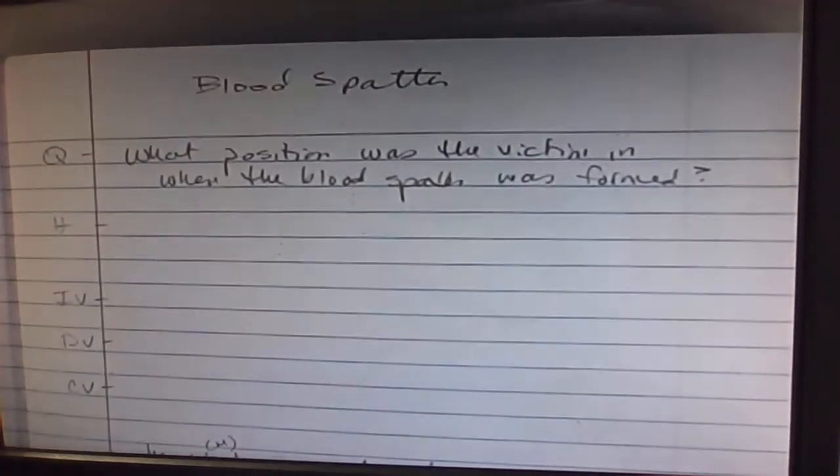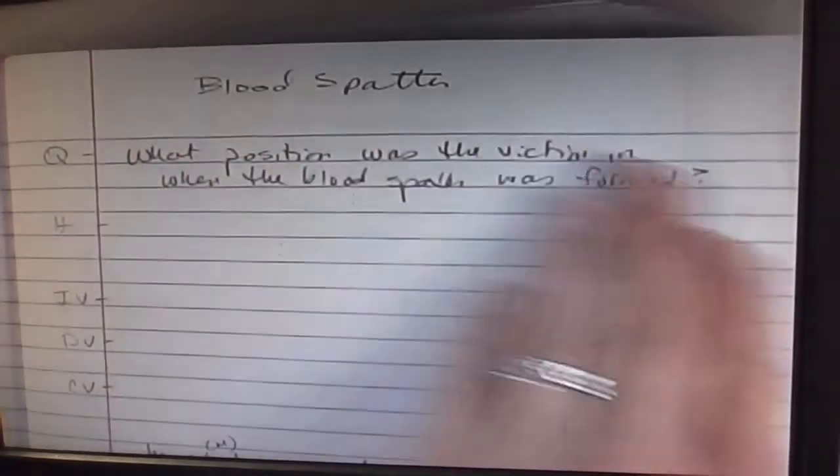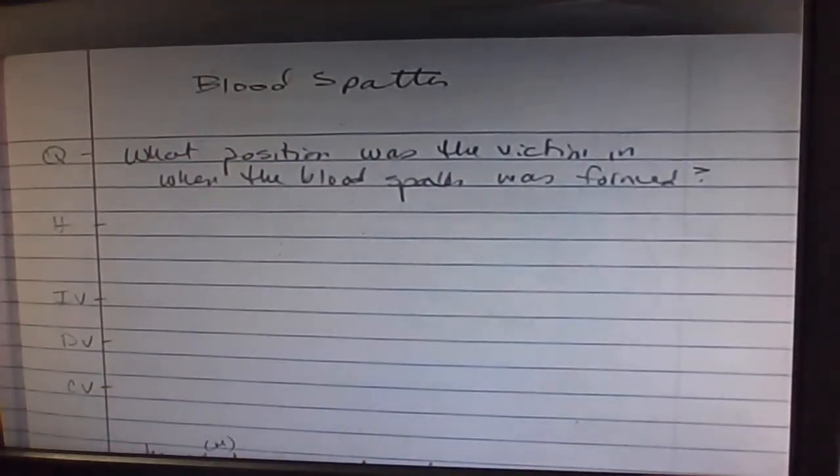The question that we're asking about the spatter is: what position was the victim in when the blood spatter was formed? You ran a Kastle-Meyer test on all of the red substances at the scene. The Kastle-Meyer test identified the spatter and the stain on the table as blood and the red stain on the flask as not blood.